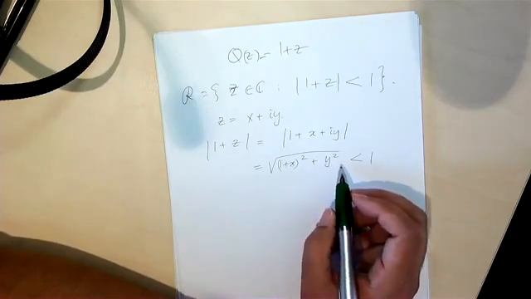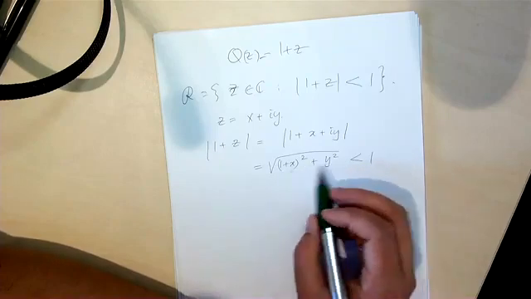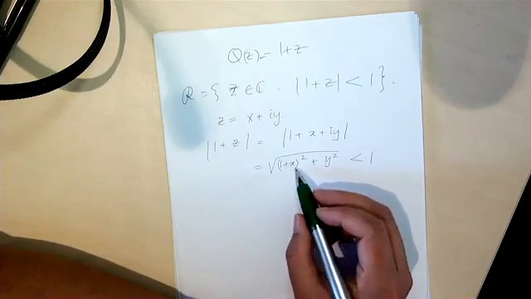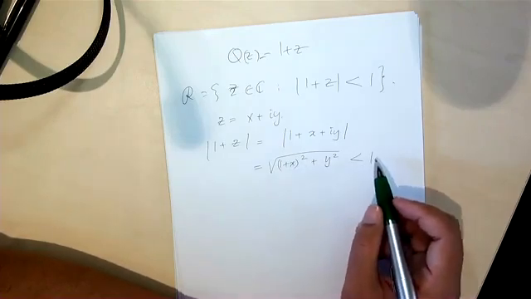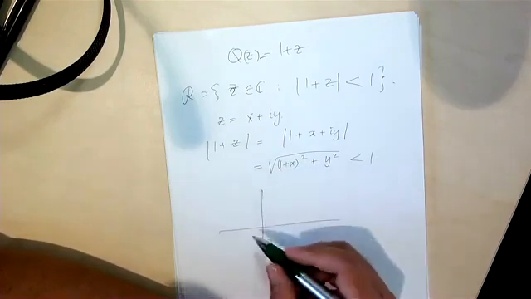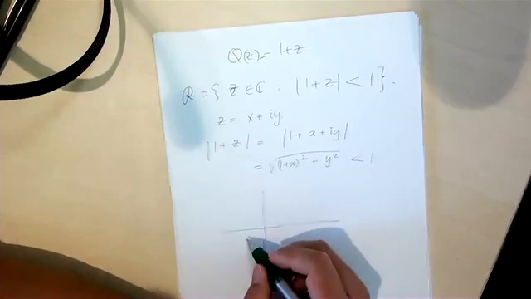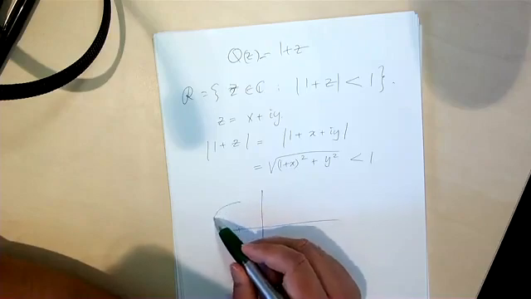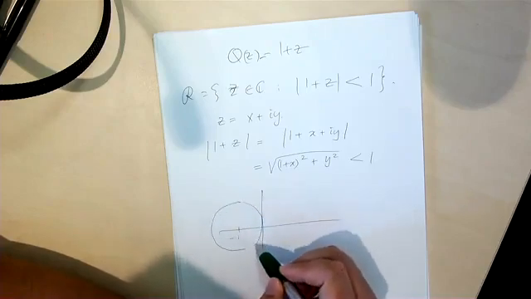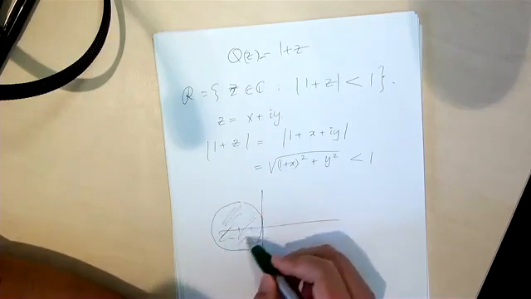Okay? And every point that has a distance less than 1 will be in this region. So the region will be something like this. So exactly the plot. So x is minus 1 here, and then you draw the circle and everything inside is your region.